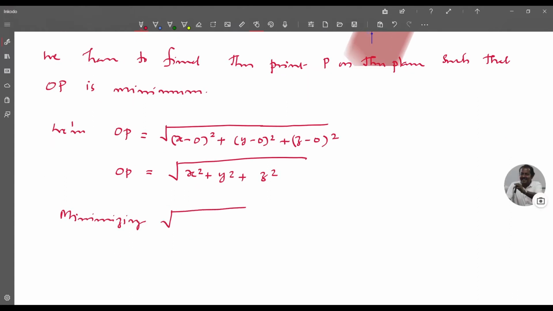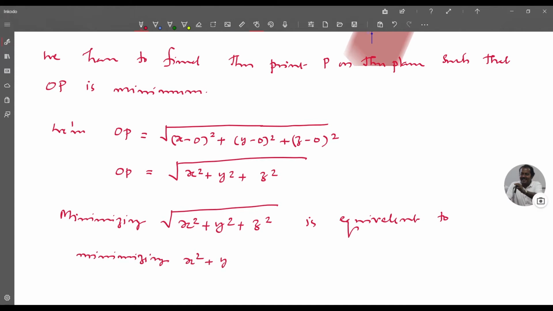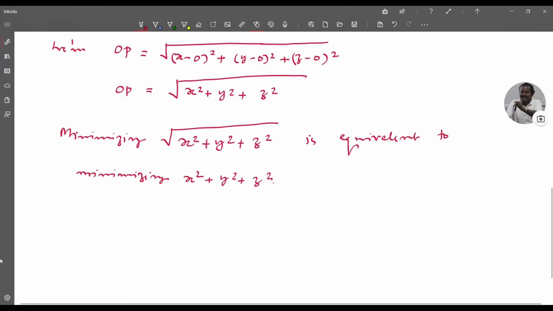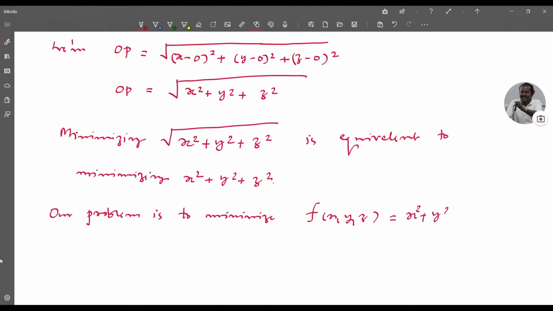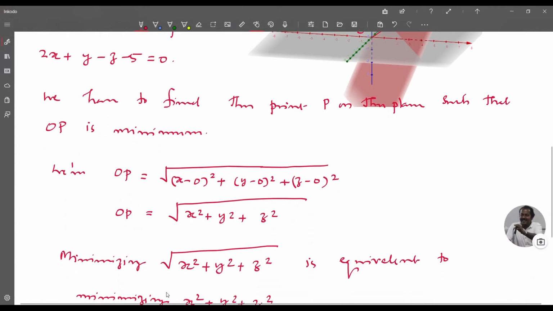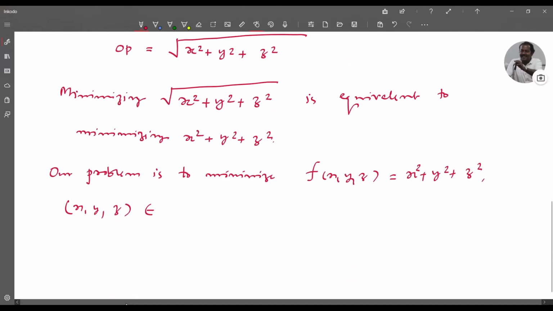Minimizing the square root of x square plus y square plus z square is equivalent to minimizing x square plus y square plus z square. So our problem is to minimize f(x, y, z) equal to x square plus y square plus z square subject to the constraint that (x, y, z) belongs to the plane 2x plus y minus z minus 5 equal to 0.